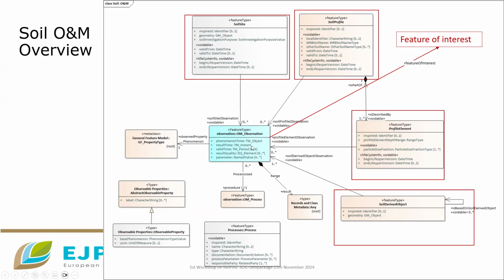Because this is 0 to many, it is optional, and the association can be bidirectional. So the observation links to a feature of interest that can be spatial objects of the INSPIRE model, but also the INSPIRE spatial objects can link to their O&M observation at the same time.